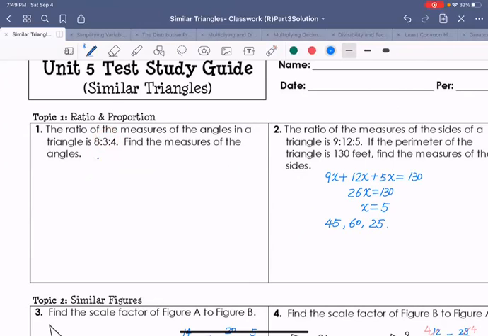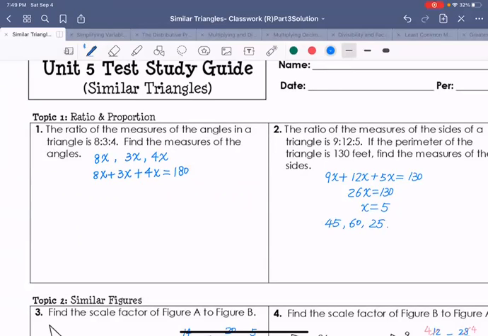So we can do, say, the first angle will be 8x, then 3x, then 4x. As the triangle, your summation equals? 180. Yes. So the equation will be? 8x plus 3x plus 4x equals 180.